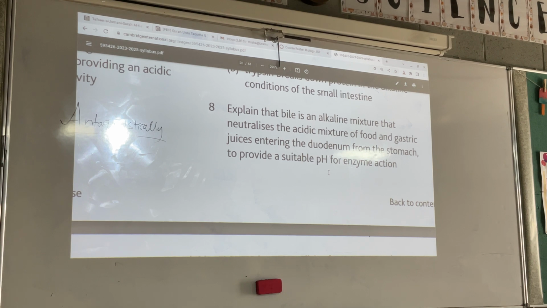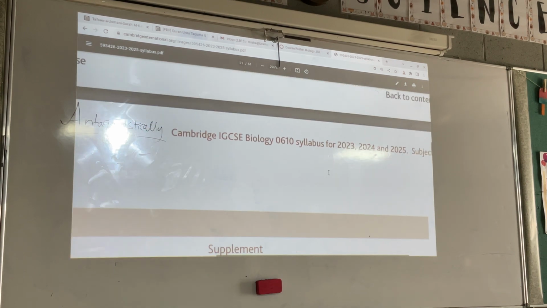Acidic pH of the food that comes from the stomach, or especially the gastric juice, because from the stomach the gastric juice comes together with the food, so it neutralizes it to provide optimum pH for enzymes to work. You must write down that one also, to provide optimum pH. What is the purpose of that neutralizing? It's to provide optimum pH for enzymes to work, right?